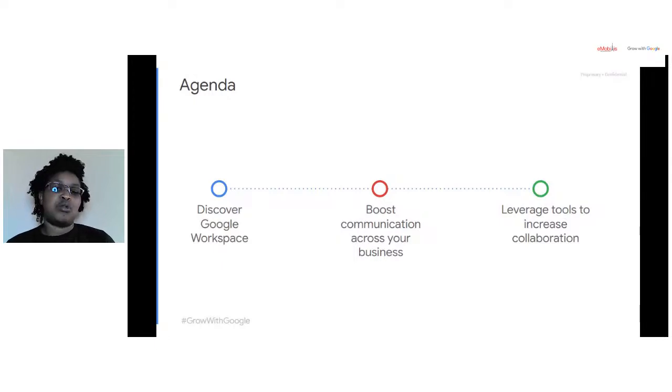At the end of this session, you will be able to understand what Google Workspace is, the tools that are available, its core functionality, as well as the benefits of using this digital workspace. We'll also identify the tools to boost communication across your business. And lastly, we'll explore which tools can be leveraged to increase collaboration across the teams.